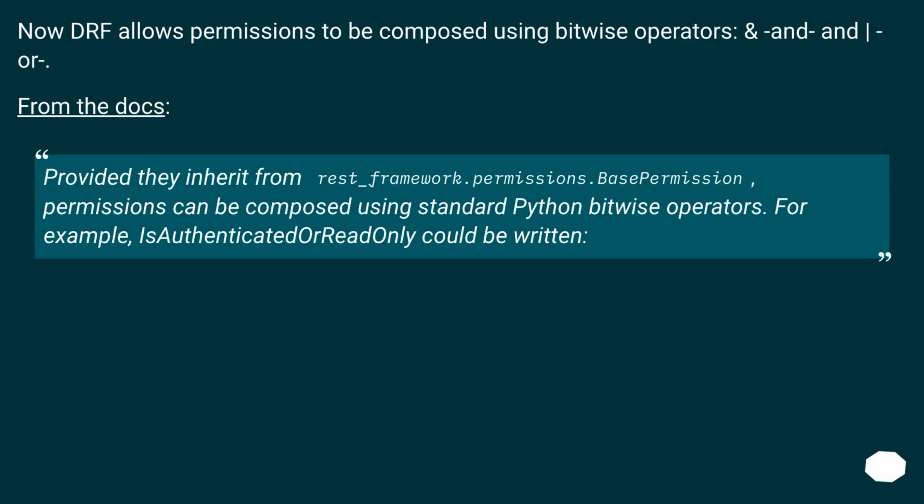Now DRF allows permissions to be composed using bitwise operators, and, or, from the docs. Provided they inherit from rest_framework.permissions.BasePermission, permissions can be composed using standard Python bitwise operators.